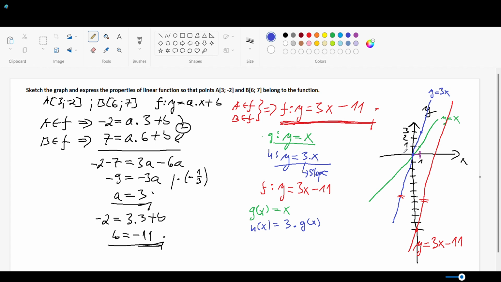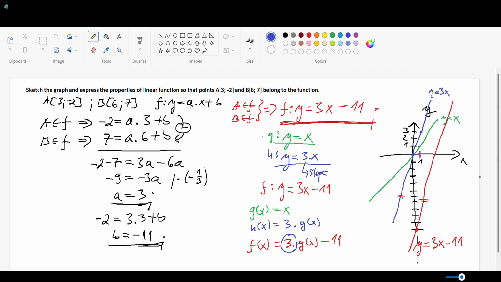If this were not the number 3, but let's say some number between 0 and 1, then it wouldn't be so steep as the blue. And let me define our function f: f(x) is defined as 3 times g(x) take away 11. So here you can see what our transformations are.